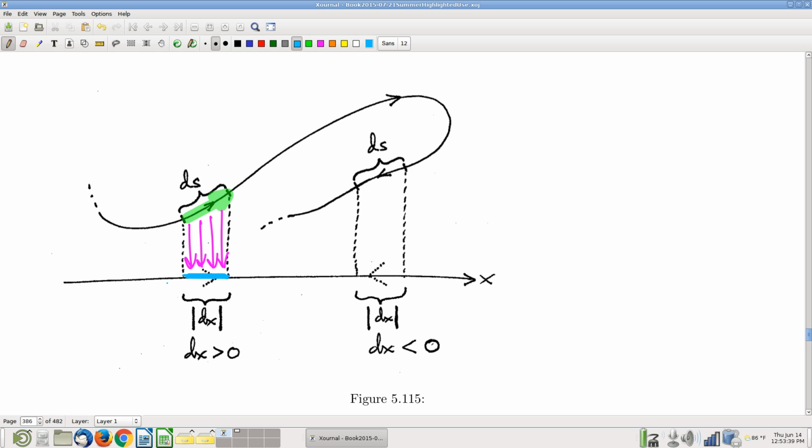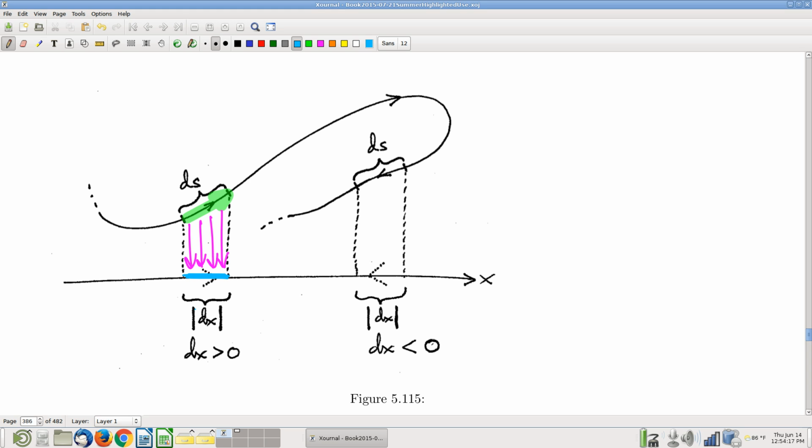There's two things that you can say about that chunk of the x-axis, that shadow. One is, how big is it? And the other is, which direction is it going? And what I mean by that is, when you had this piece of the curve, it was going a certain direction. This is an oriented curve. It's going that way. So just use your imagination. If it's going that way, then that suggests that its shadow is going that way. So dx represents these two things. How big is the shadow and what direction is the shadow going?